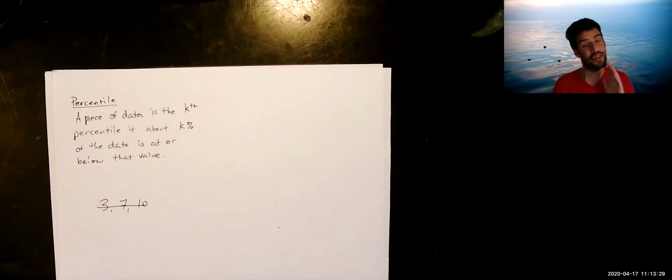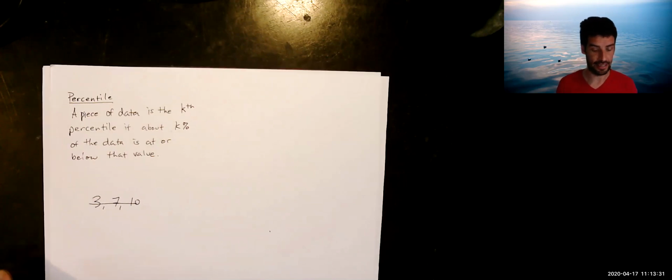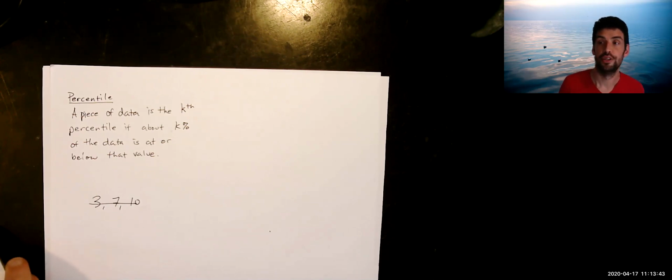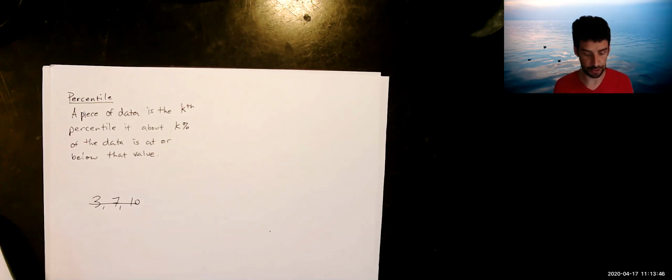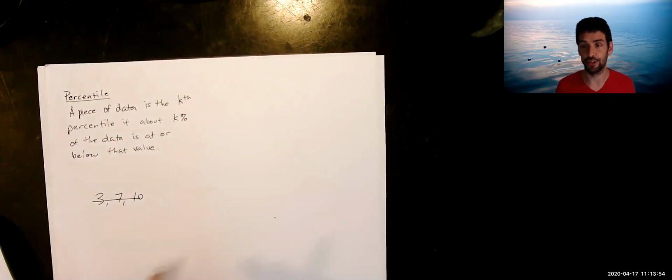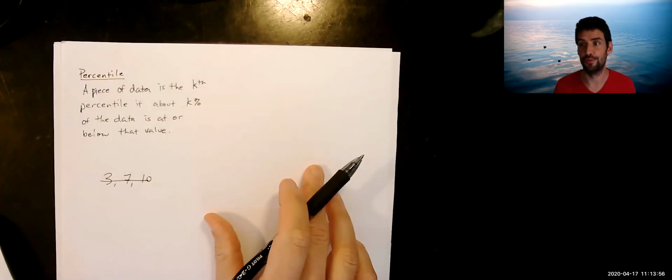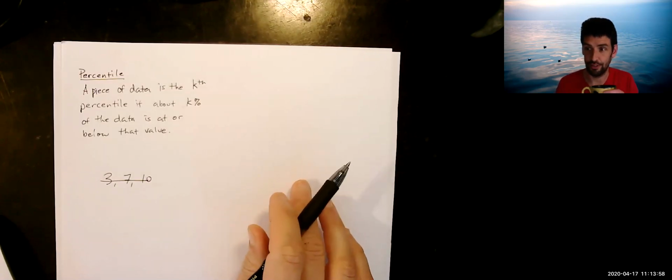So one thing that's useful about percentiles is helping us understand the meaning of a piece of data. For instance, I don't have children, and if you don't have children and you've been around people who do, especially when they first have children, one of the things you hear about constantly is the weight of the child. Apparently getting children to consume food and put on weight is a challenge for lots and lots of parents.